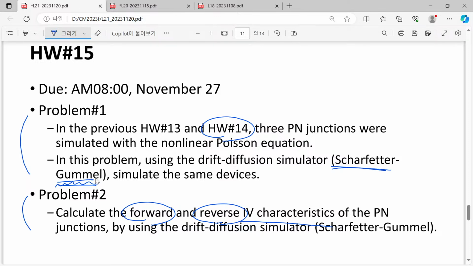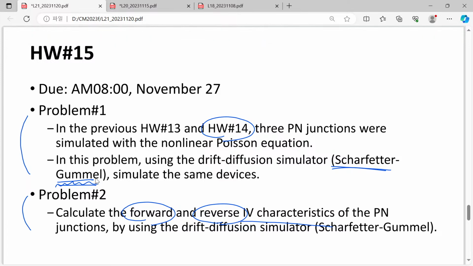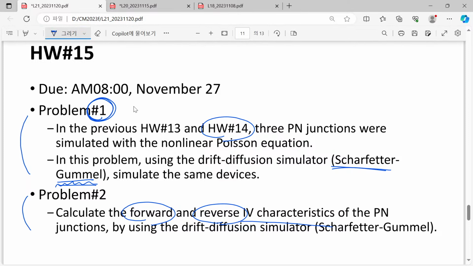Sometimes you will have some convergence failure, then don't be too frustrated. Whenever you have such a failure, please come back to the basics. That's the reason why I intentionally introduced problem number 1. Problem number 1 is relatively easier because this is the equilibrium case, and in the equilibrium case you have many other tools for comparison.